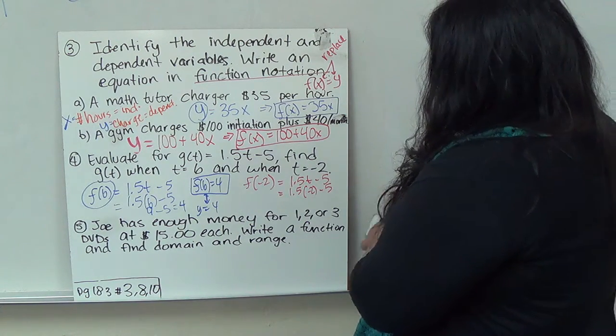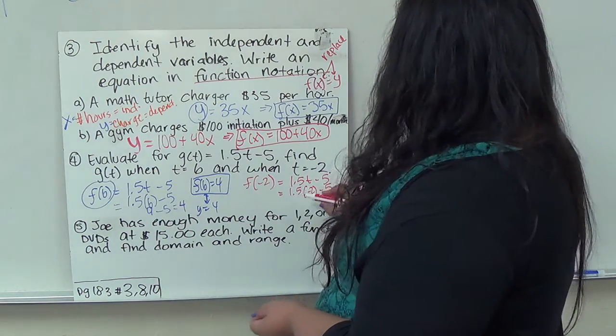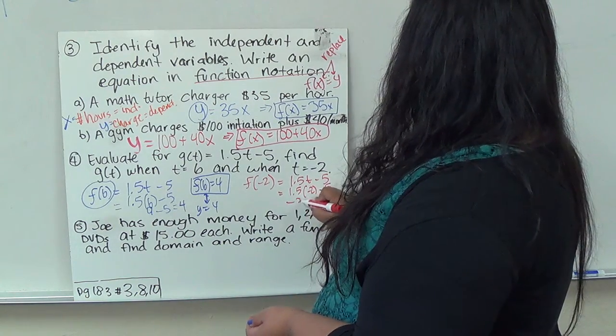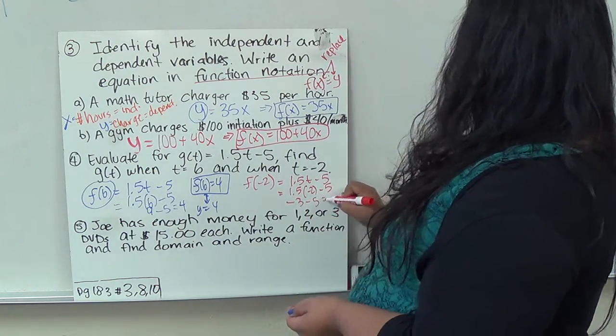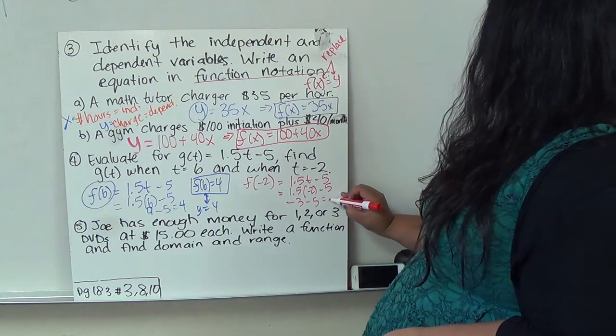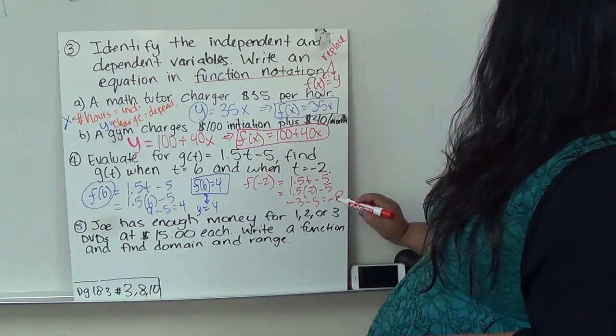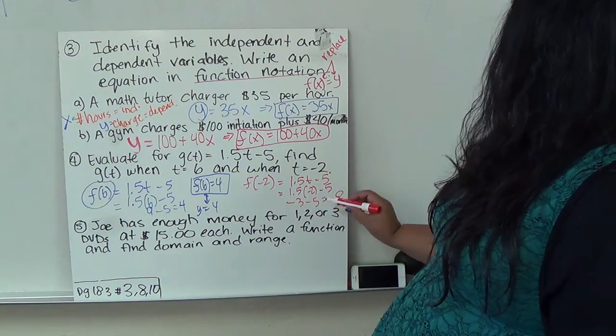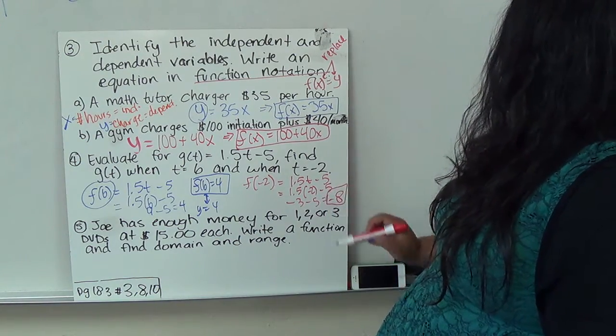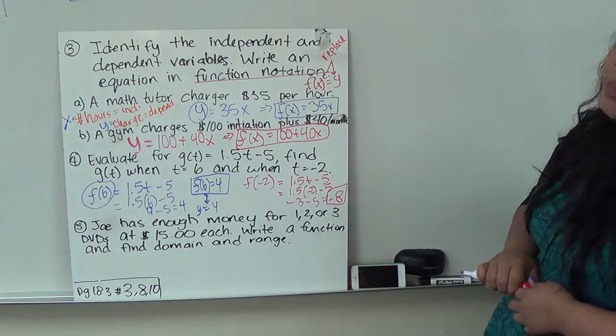So we have -3 minus 5. -3 minus 5 is -8. So this is saying f of -2 equals -8.